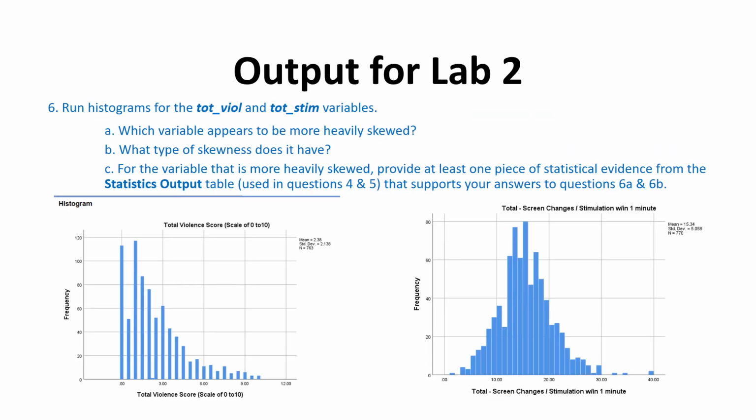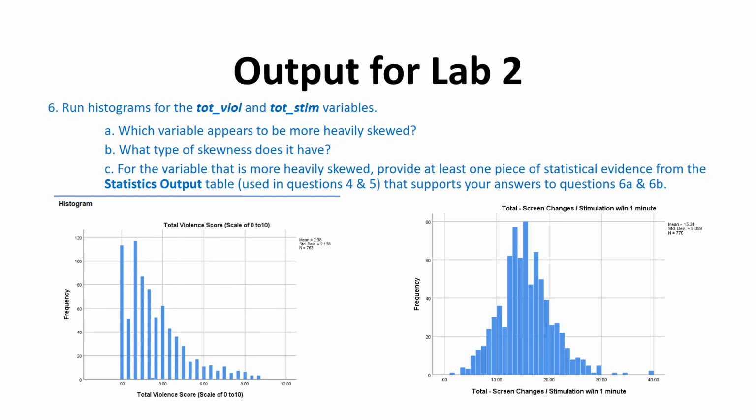And finally, we're asked to run some charts. And the charts are run for the TOT_VIOL and the TOT_STIM variables. So once again, if you're doing SPSS at home, go through that analyze, descriptives, frequencies, etc. Pick these two variables, go to the charts tab and select histogram.